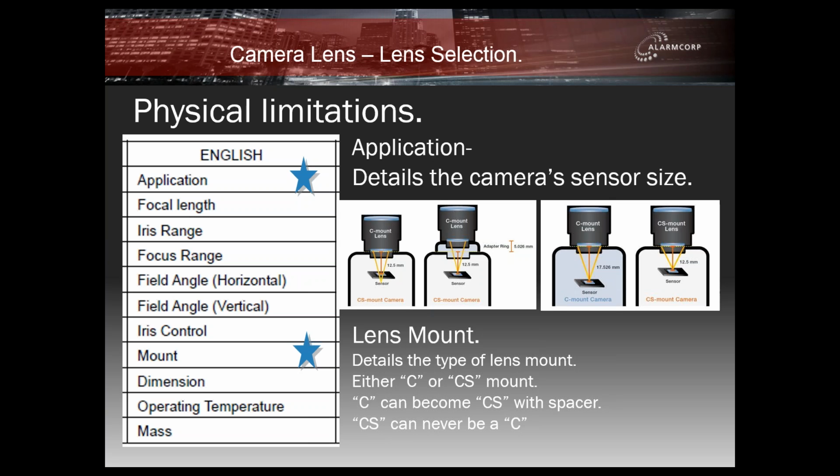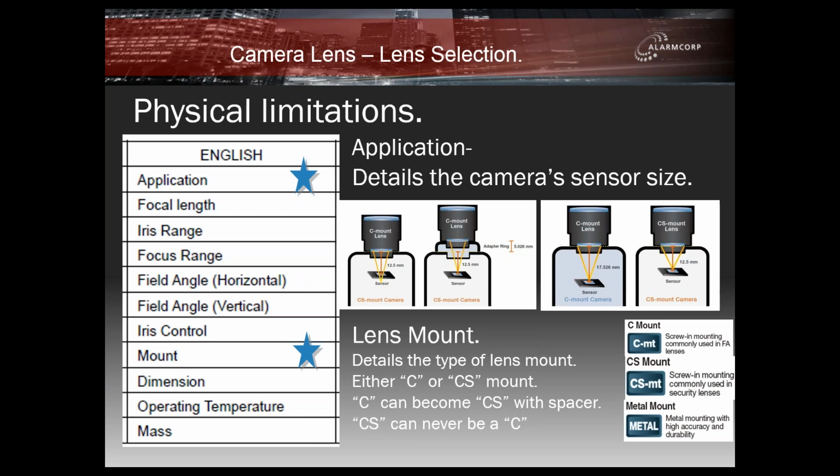So just to reiterate the details, a C can become a CS with a spacer, but a CS can never become a C. Otherwise it will remain out of focus. The other physical attributes are the dimensions and the weight that play into the housing and brackets necessary. All lenses can be fitted to a range of sensors.